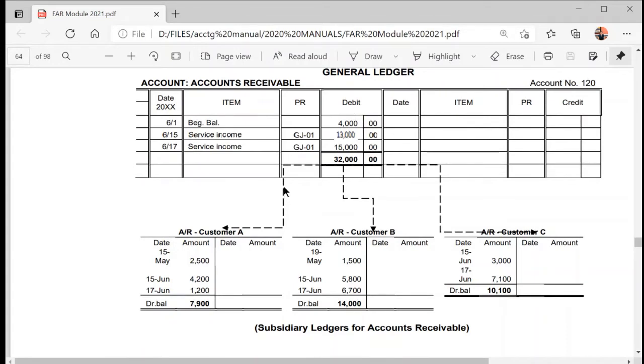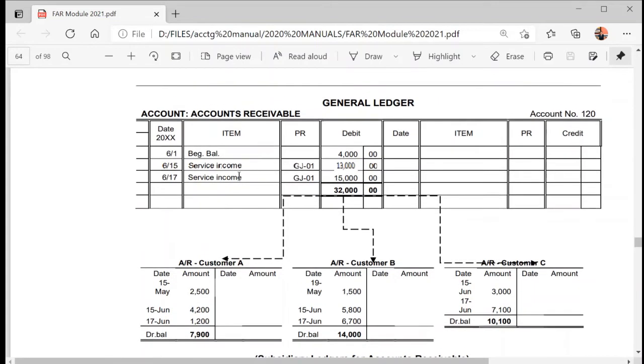And we need to post these transactions also to the corresponding subsidiary ledgers of the accounts receivable. The reason for that is for us to identify who are the owners of those accounts, who are the customers who transacted with the company and promised us payment after we have performed the services.